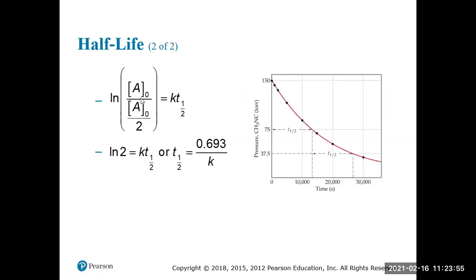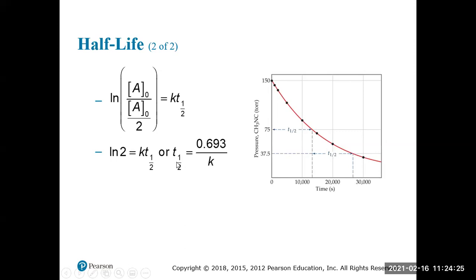Now we have A sub 0 divided by the ratio of A sub 0 divided by 2. If we rearrange the part in the parentheses, the A sub 0s cancel each other out, and so what we wind up with is natural log of 2 equals K times the half-life time.